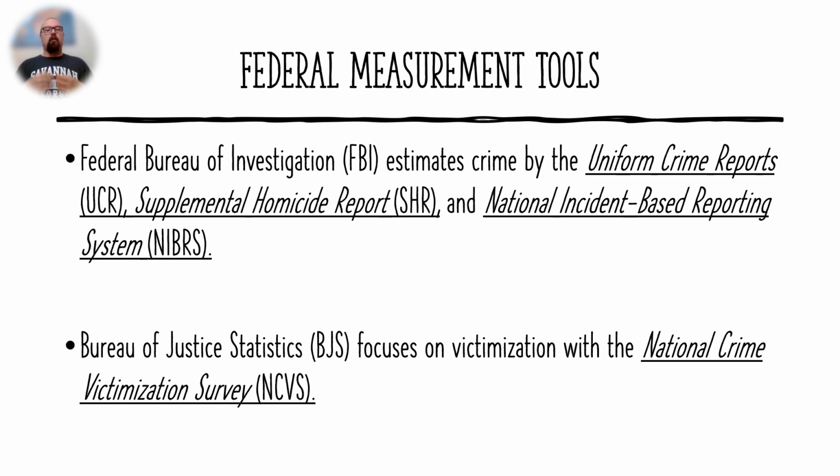Then the National Crime Victims Survey is utilized by the Bureau of Justice Statistics, or the BJS. Their focus is victimization and looking at victim data. So the main thing out of this slide is to know that not all of these tools are utilized by the FBI. The NCVS is actually utilized by the Bureau of Justice Statistics.